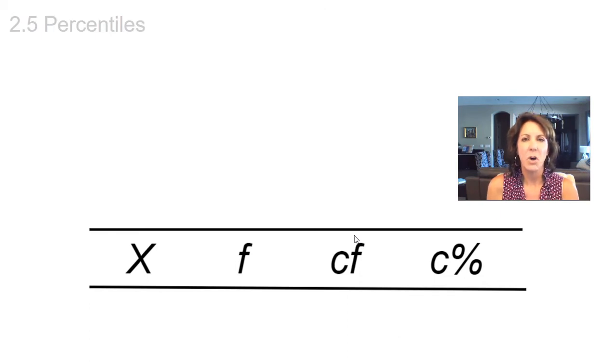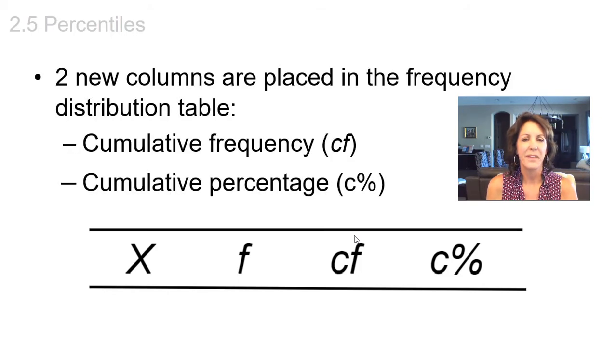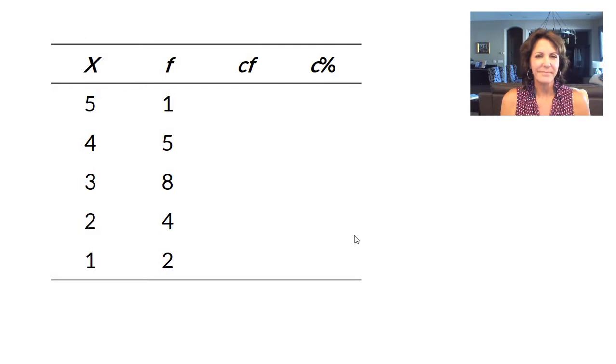We're going to have something called cumulative frequencies, and then cumulative percents. So there you go. This is what we're going to do. We need to first find what we call the cumulative frequency. That means at any point, starting from the bottom, how many scores are there at a certain level? So let's take a look and see what this looks like if we were to fill this table in.